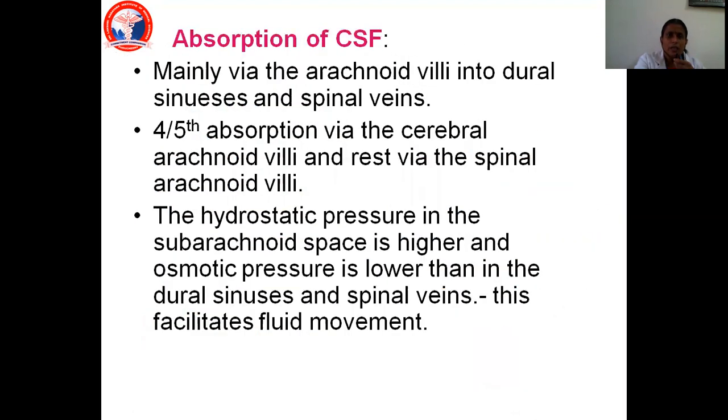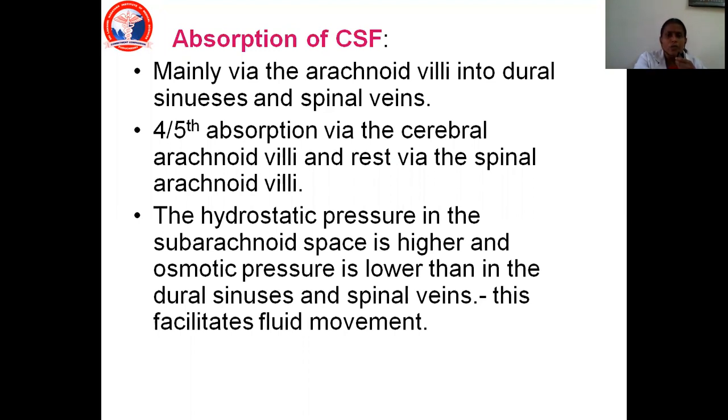So next one is the absorption of CSF. It is mainly absorbed via the arachnoid villi into the dural sinuses and the spinal veins. Four-fifths of the absorption occurs via the cerebral arachnoid villi and the rest via the spinal arachnoid villi.